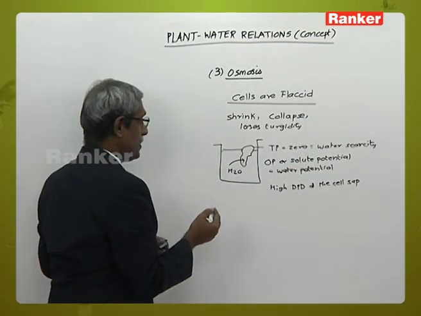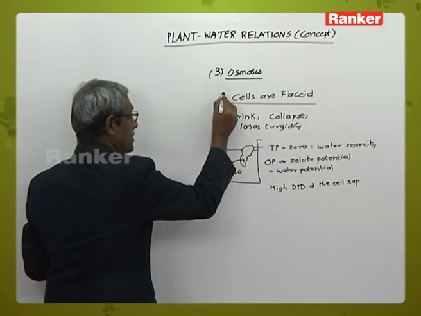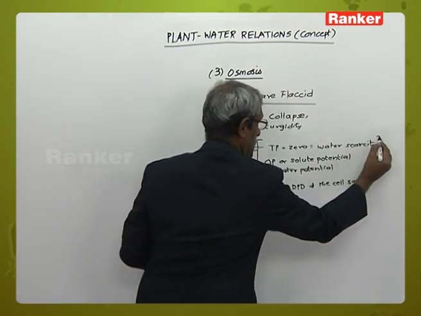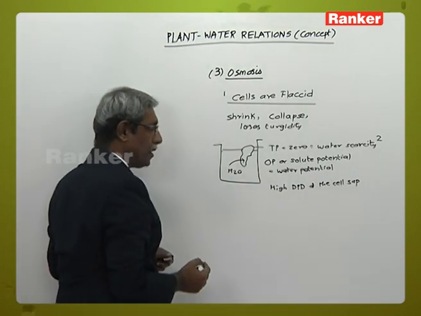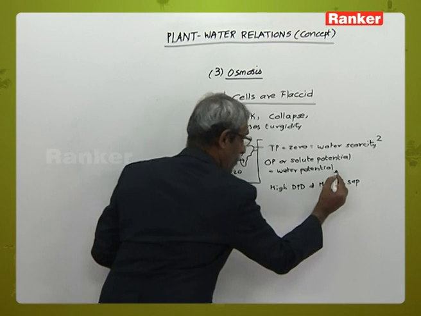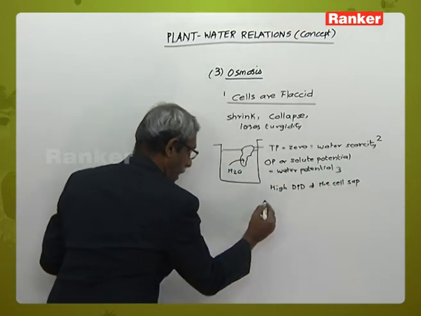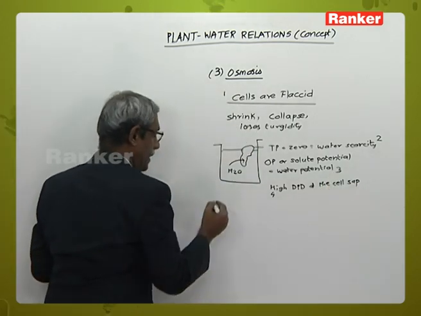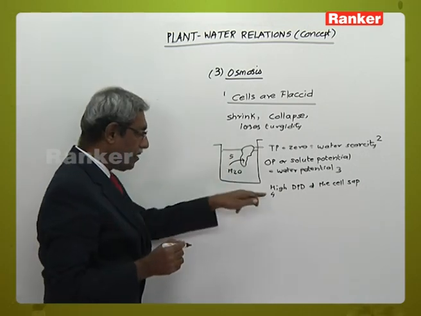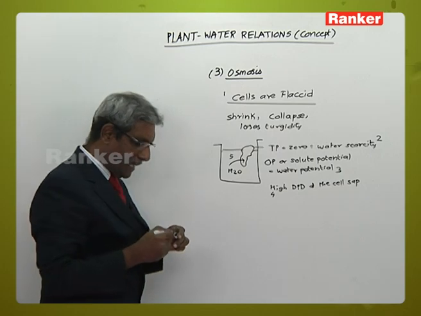So you have two situations. One is what happens when cells are flaccid, how it occurs under water, what happens with the turgor pressure, especially when there is water scarcity, what is the water potential, how is the value of DPD, and why does water enter? The water enters because there is high DPD of the cell sap.